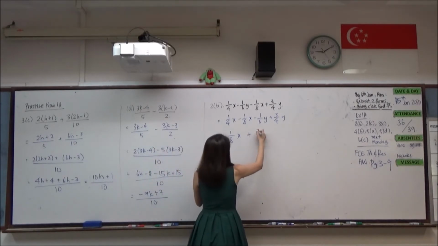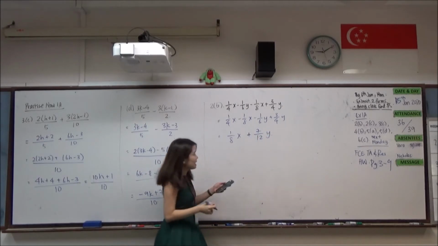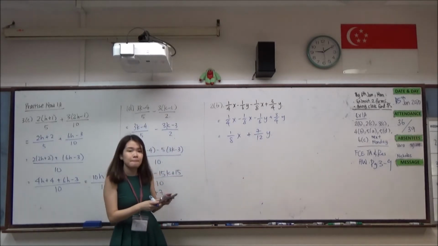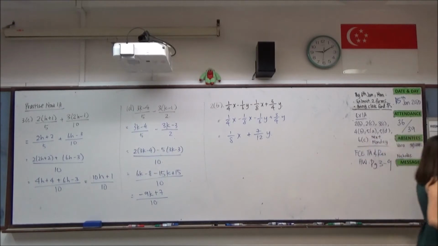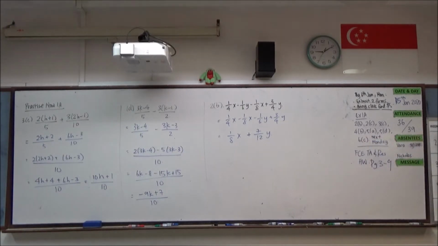And this should have been plus 7 over 12y. Any questions? If not, let's go back to our worksheet.